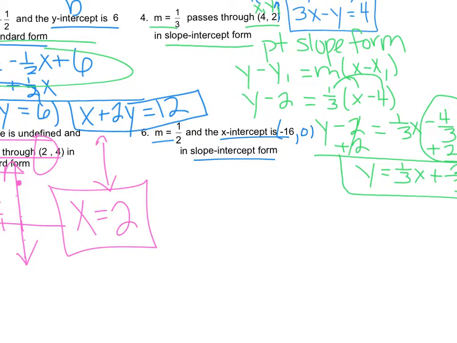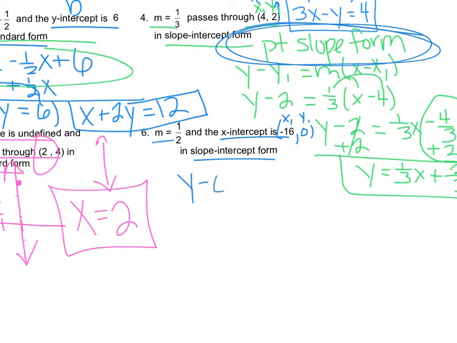So anytime we know point and slope, we're going to use point-slope form, like we did on number 4. So y minus, our y value of the point is 0, equals 1/2 times x minus a negative 16, which would make it positive 16.